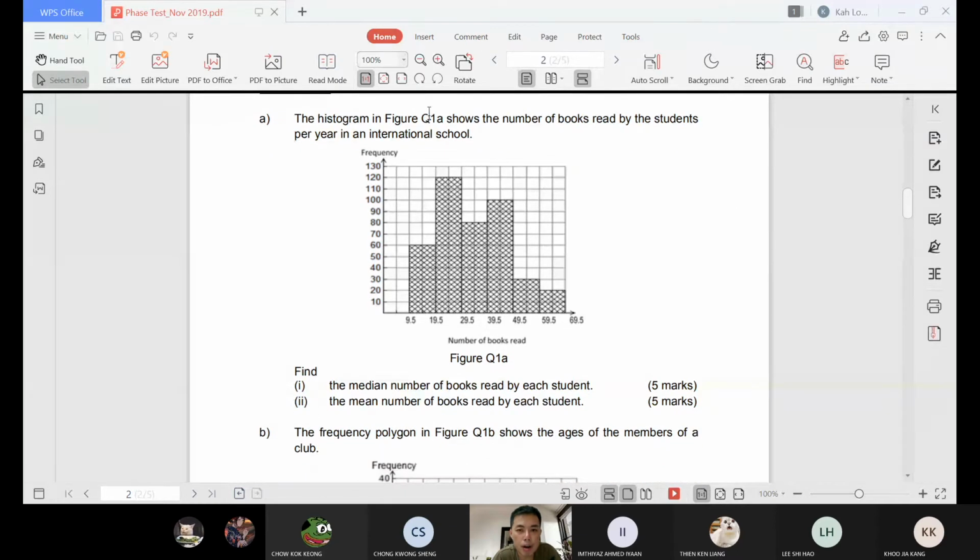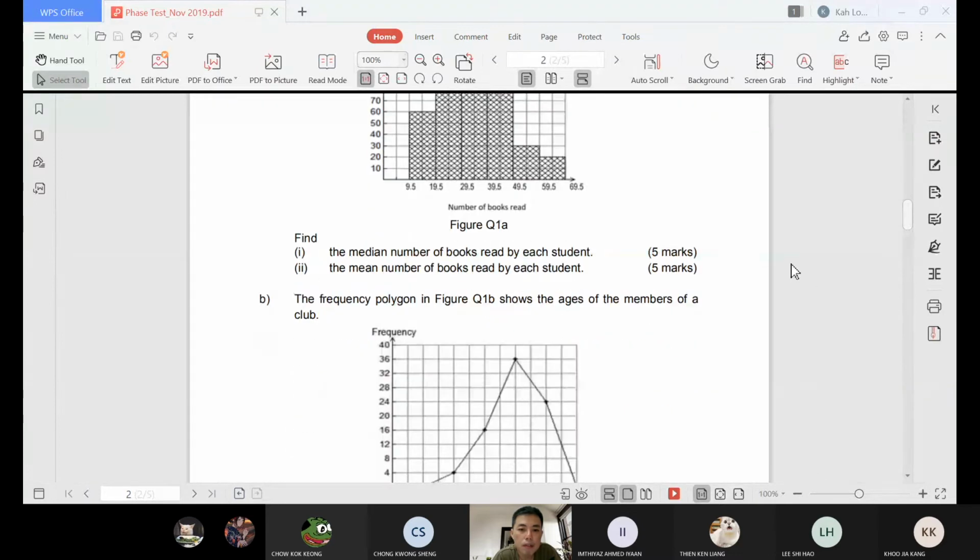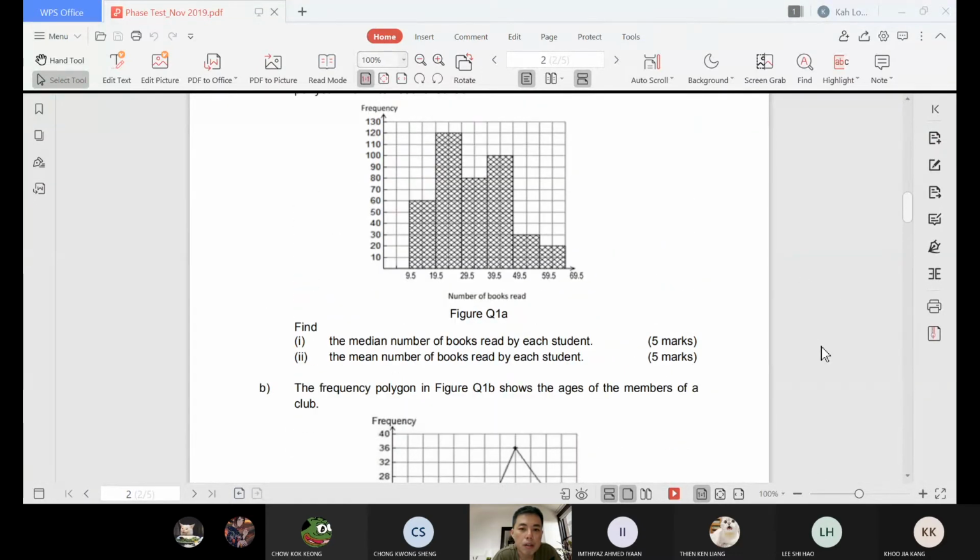Okay, now you see the histogram. It represents the number of books read by the students per year in an international school. Now you can see, right? The first question asks you to find the median number of books read by each student.